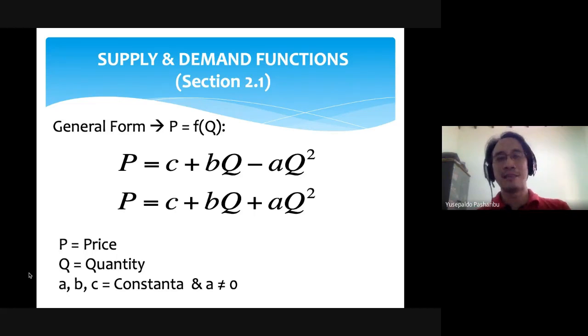And for the demand, this is the other way around from supply. So pretend that we are a customer. If the price is higher, then the quantity demanded will be lower or decrease. Or conversely, if the price decreases because there are a lot of discounts or sales, then the quantity that the customer wants increases or will be higher.